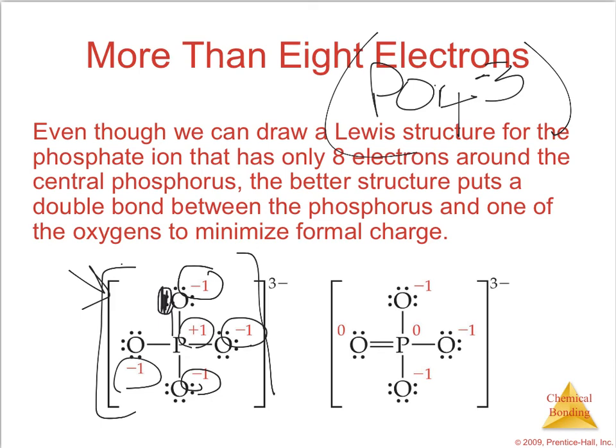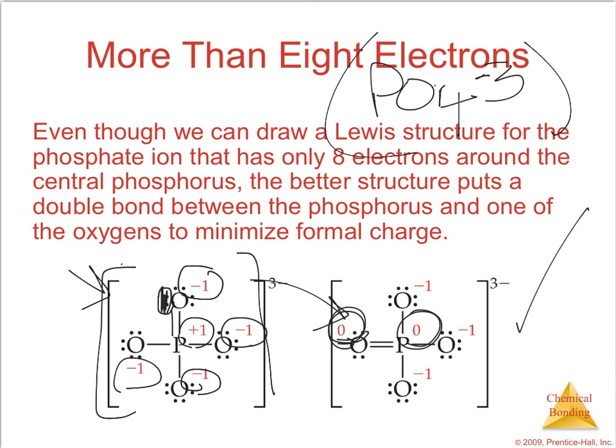And now we're going to count formal charges again. By doing so, the oxygen that we took a lone pair from now has a formal charge of 0, and the phosphorus has a formal charge of 0. So we have significantly reduced formal charge by expanding the octet of phosphorus. So that is a good thing to do.